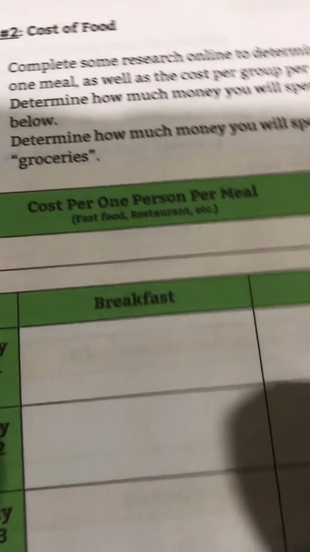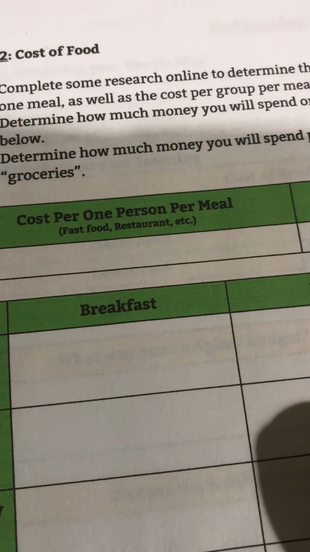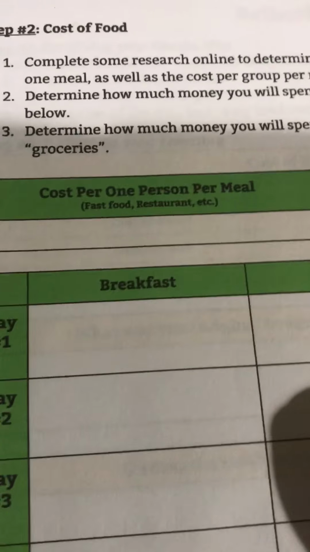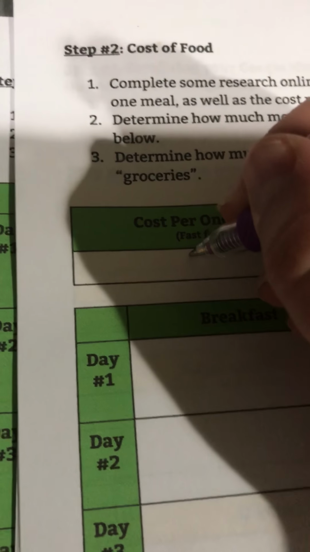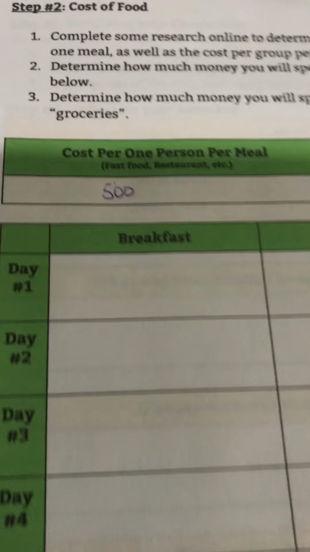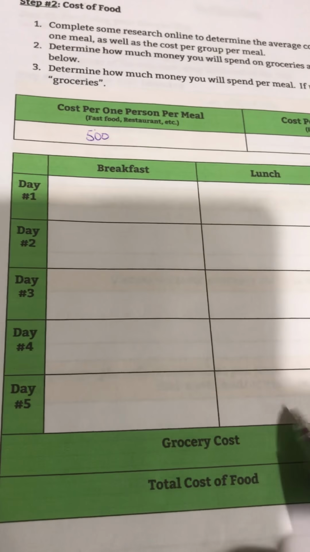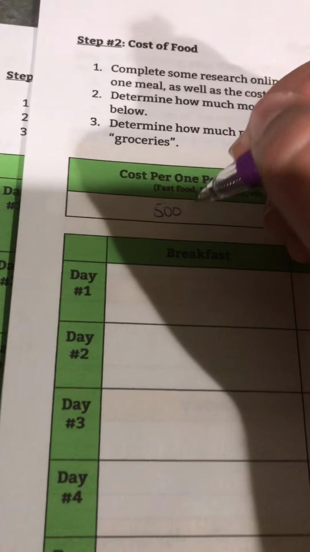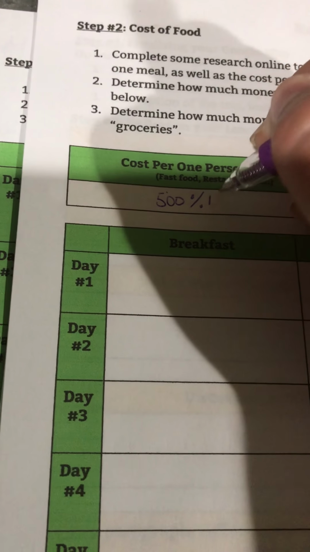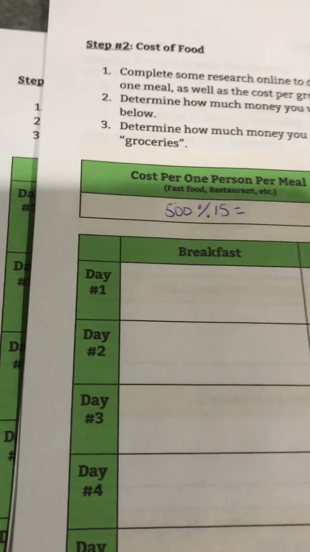It says here, cost per one person per meal. So I've got $500 to spend. And I'm going to have 5 times 3, 15 meals. So $500 divided by 15.